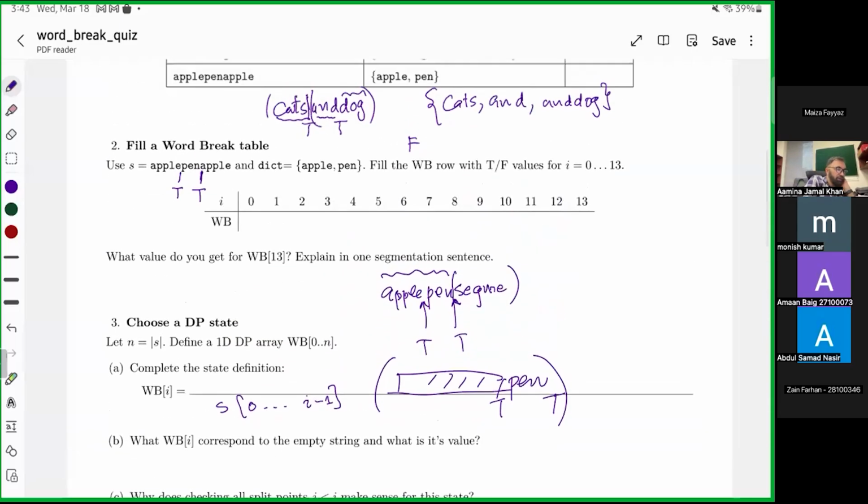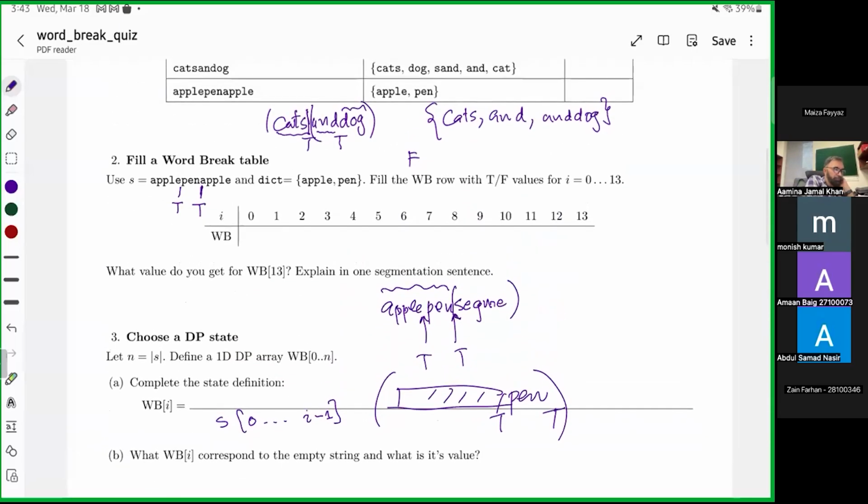What it's saying is that when you're constructing WB of 13, you should look at WB of all possible places where you got true, not just the last one. For example, if you got true at 8, you should check whether this thing is a word in your dictionary, and if you have it at 5, you should check whether this thing is possibly also in the dictionary.